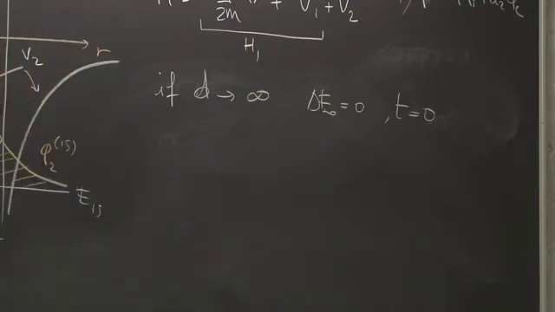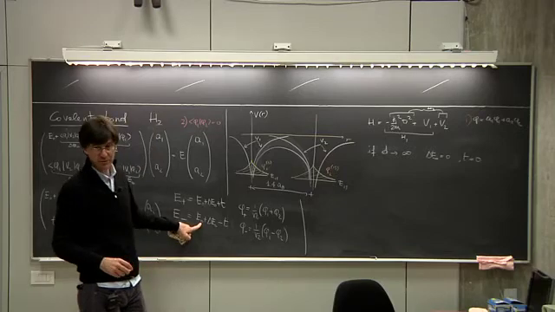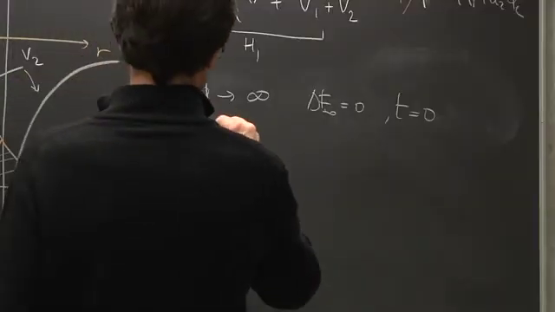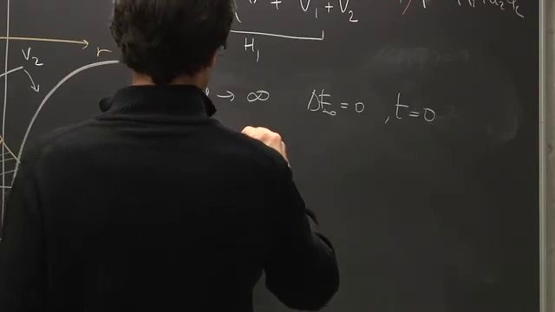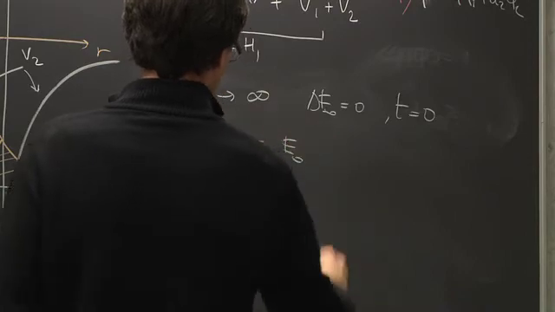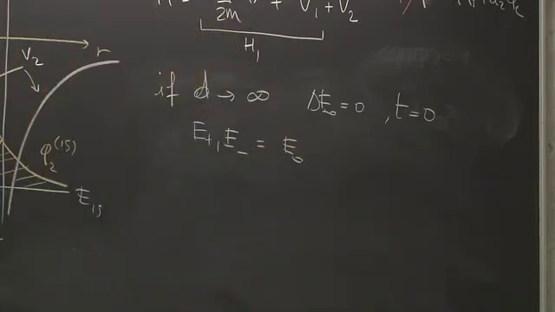So my two eigenvalues, E plus and E minus, become E naught. That's exactly what I expected. E plus and E minus both become equal to E naught. I know that the energy must tend to the atomic energy if the two atoms are very far apart.